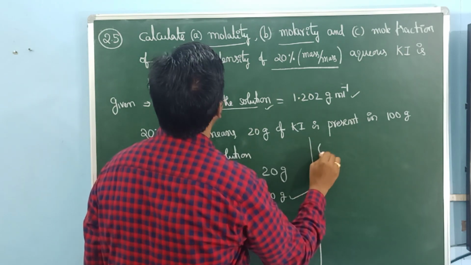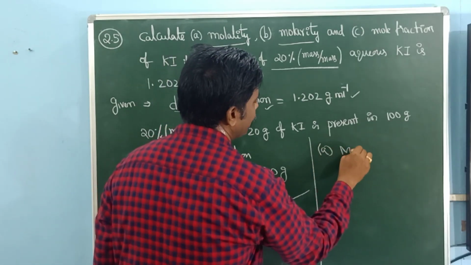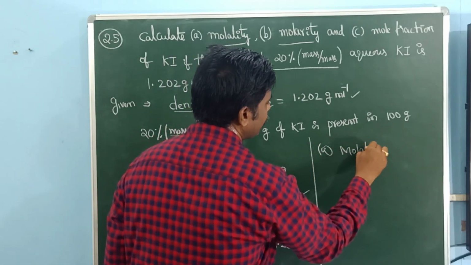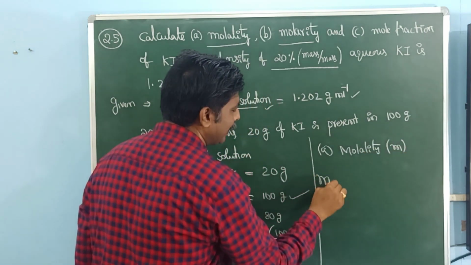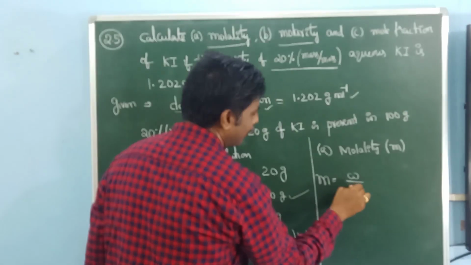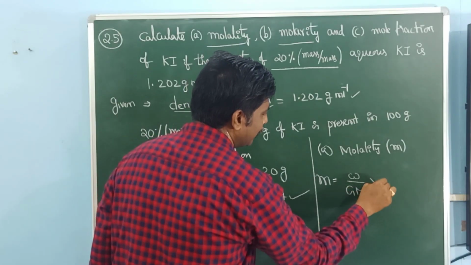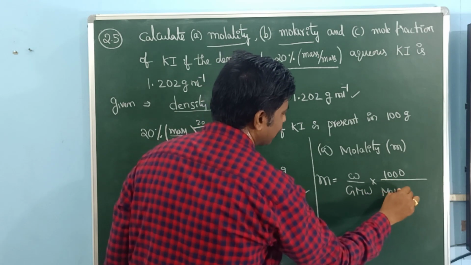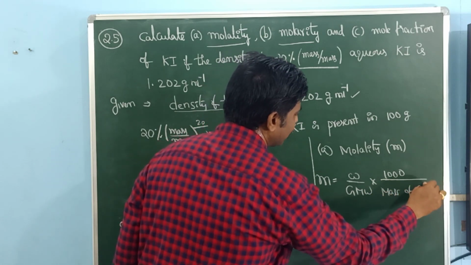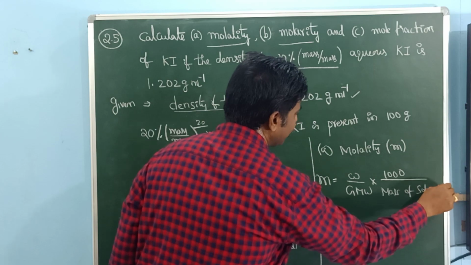First one is A, molality, small m. What is the formula of molality? Molality is equal to W by GMW into 1000 by mass of solvent. First of all, note down up to this.